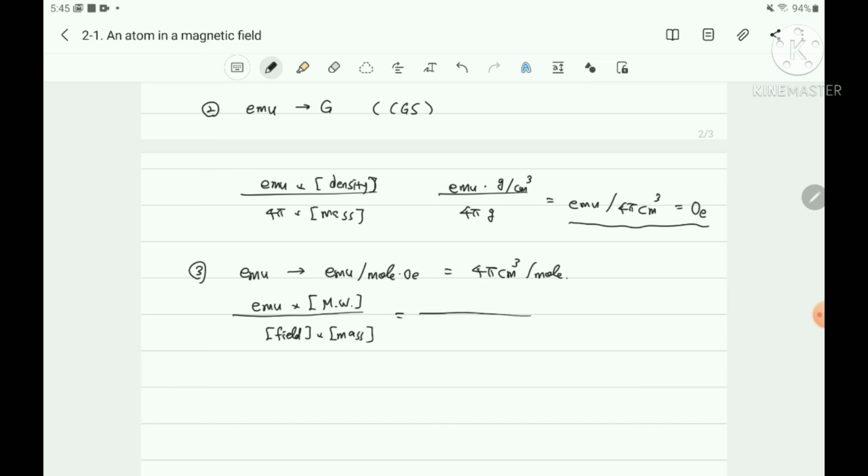Then the dimension is emu times gram per mole, over the magnetic field in oersted and the gram. Therefore, the unit is emu per mole oersted. It is the conventional unit for magnetic susceptibility. Please always be careful when you do the experiment: you should change the unit and be very careful to analyze correctly.